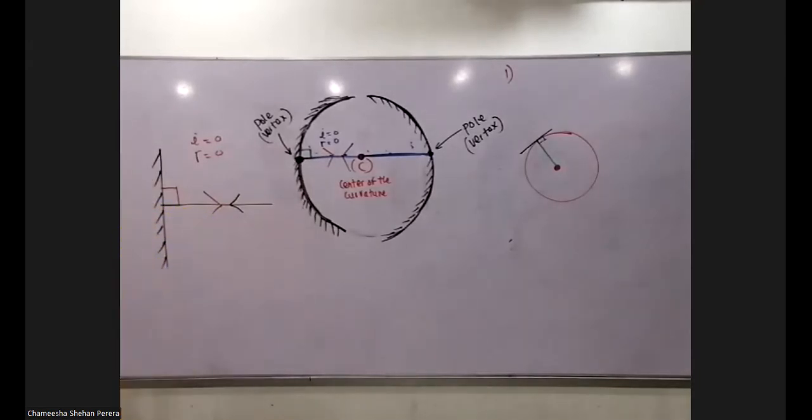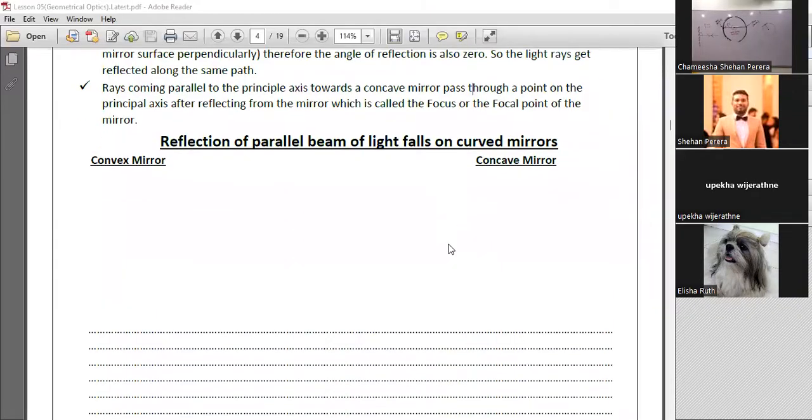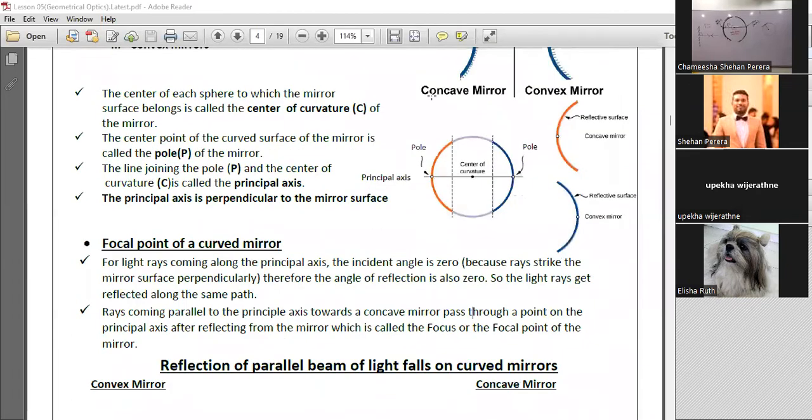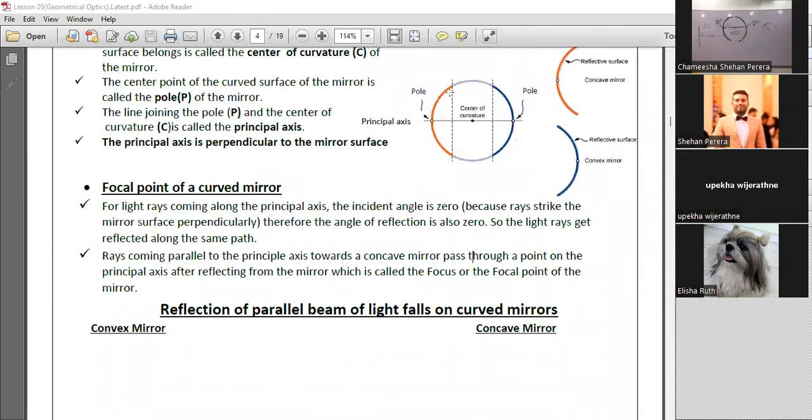I want you to mark it over here. Right? See here? It's better if you mark it here.